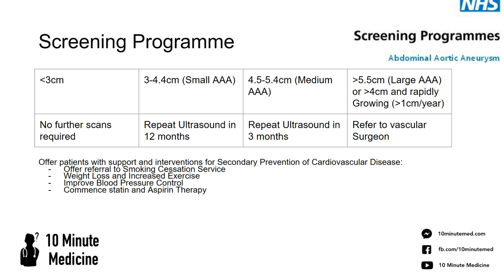In the case of Mr. Williams, he has a medium AAA and will require a repeat ultrasound in 3 months. For patients with a large AAA, so greater than 5.5 centimeters, they require a referral to the vascular surgeons. Also for patients who have a AAA greater than 4 centimeters that is rapidly growing, so that's greater than a centimeter a year, will also need a referral.